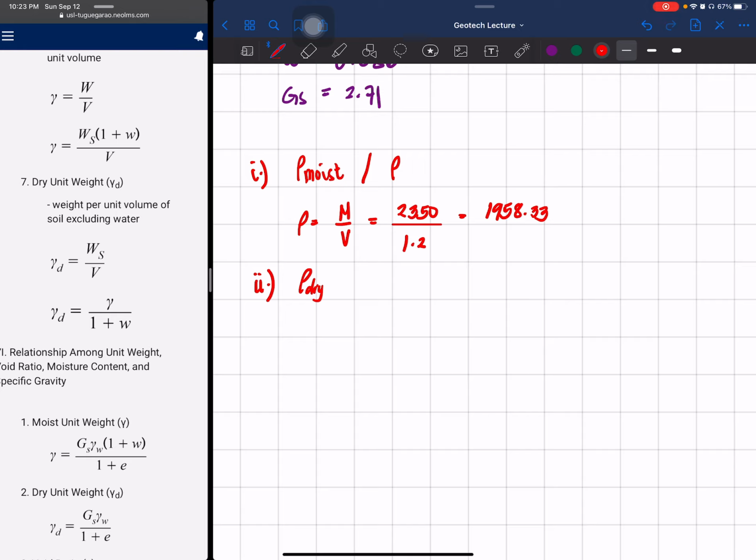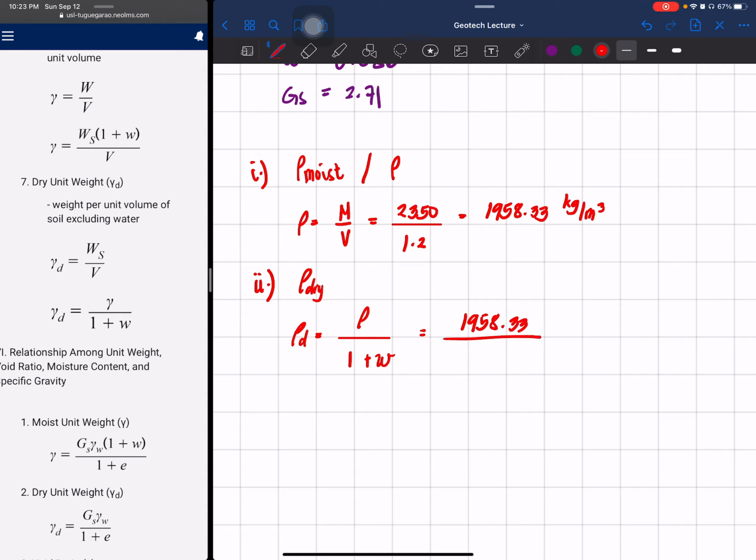So we can write this as the moist over 1 plus water content, because we already have the water content. So let's substitute. Don't forget the units, kilogram per m cubed.